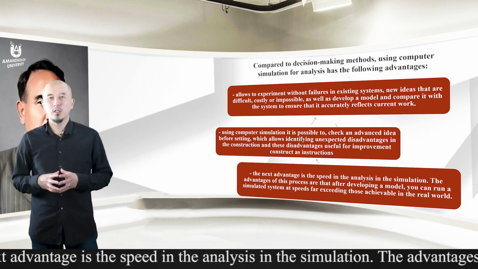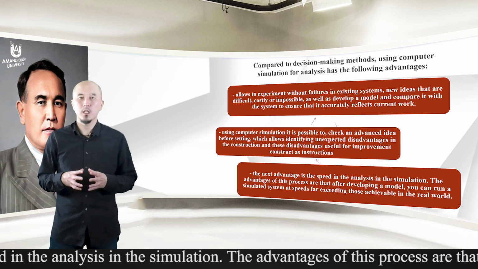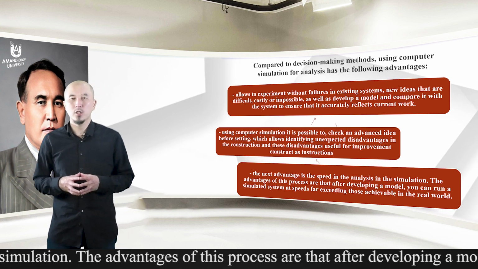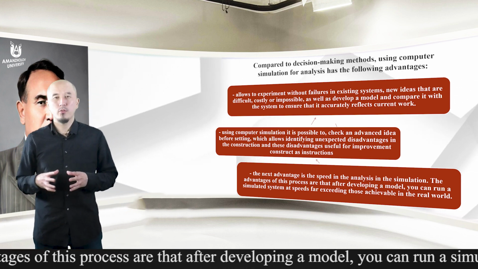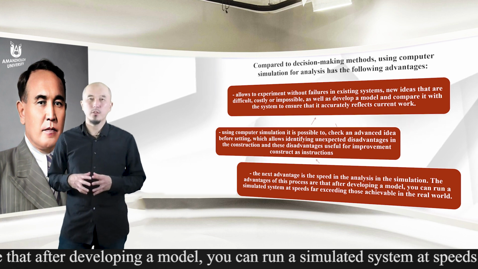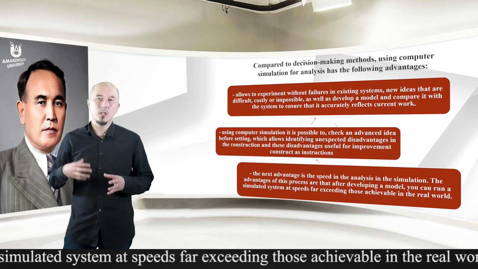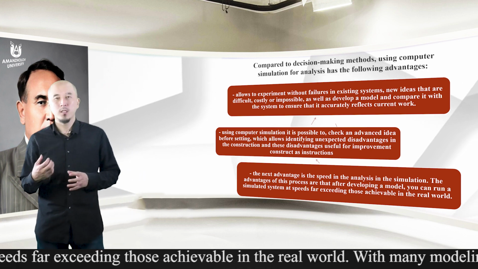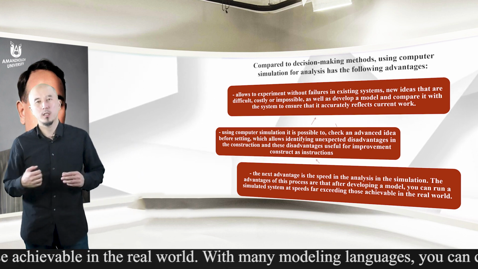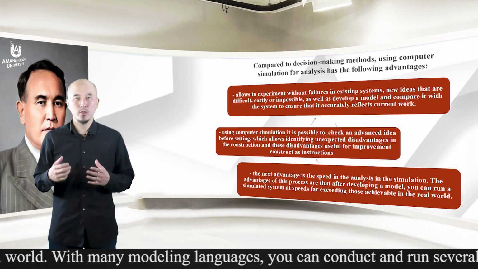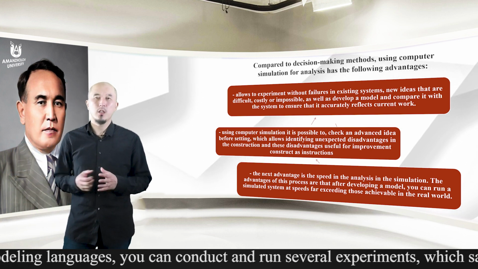The next advantage is the speed of analysis in the simulation. After developing a model, you can run a simulated system at speeds far exceeding those achievable in the real world.